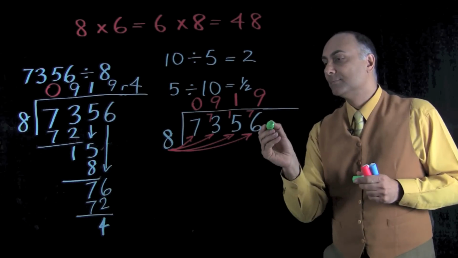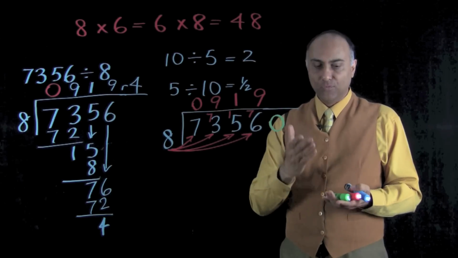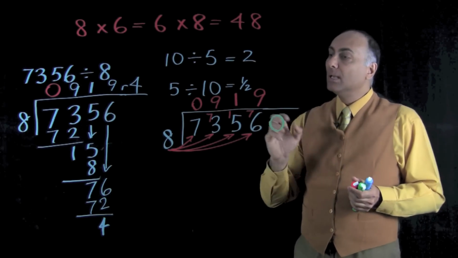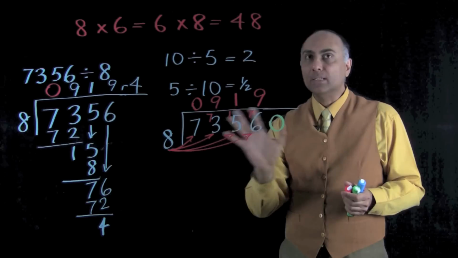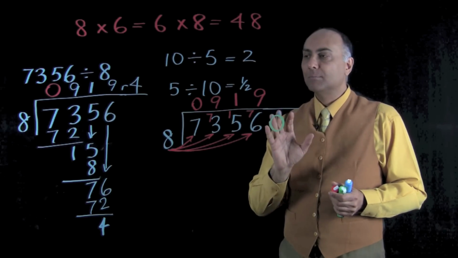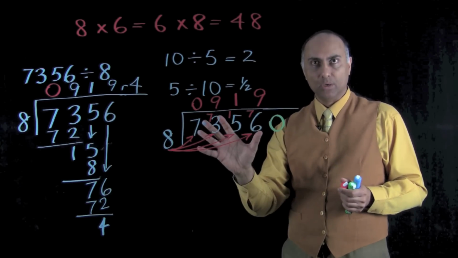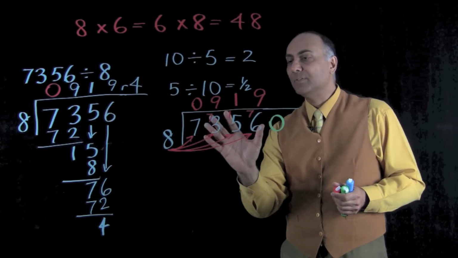So here it is. Now I have somewhere to write my remainder 4. But I also have a problem, which is that the number I'm now dividing by 8 is no longer the same number I started with. It's now 10 times bigger than it previously was, because the number should be 7,356.